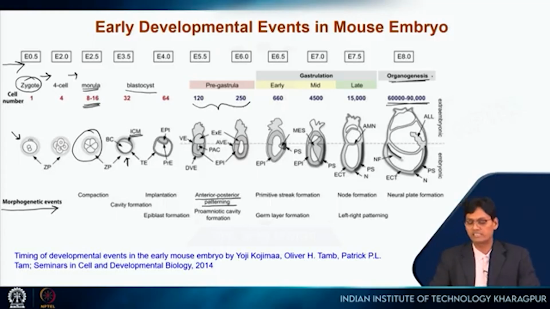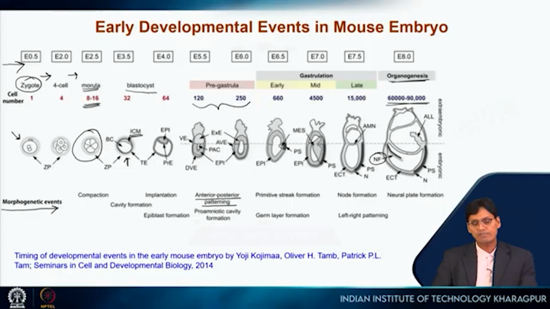As you can see here, the neural fold is being prepared. So this is a very brief idea about the differences in embryo or patterning formation in frog, Drosophila, as well as in mouse.